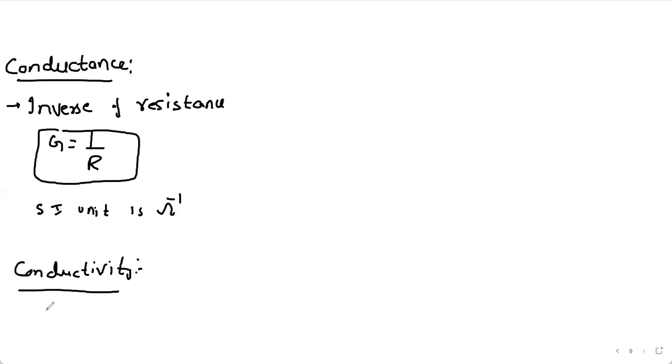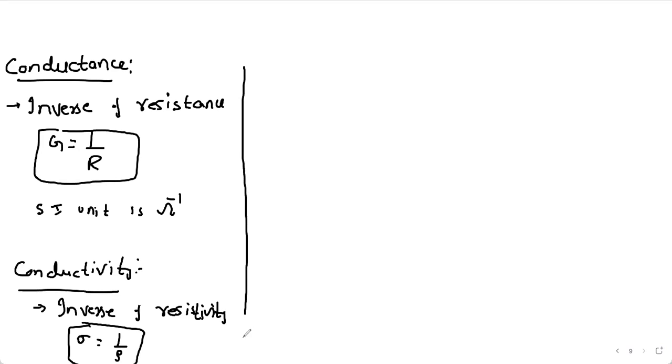Conductivity is the inverse of resistivity. We represent it by sigma, and this is 1 by rho. So its SI unit is ohm inverse meter inverse.